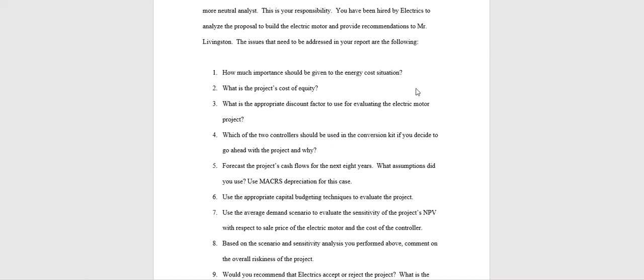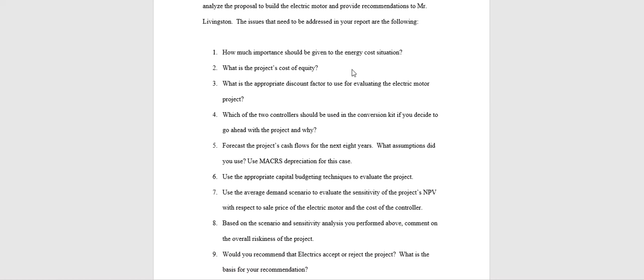Your paper is going to address the answers to these 9 questions in APA format, which includes a title page, an introduction or abstract page, your content pages where you explain the answers, a conclusion, and naturally a reference page for any references that you use. Also, to answer these questions, you are to be doing a capital budget analysis in a spreadsheet. You read these questions and find out what you have to do.